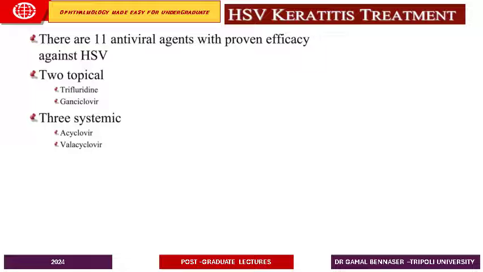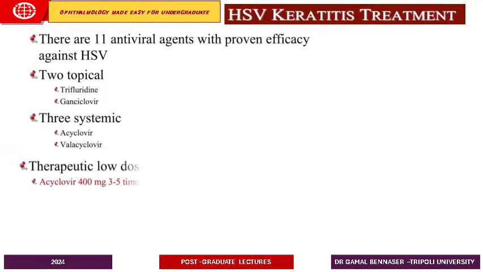We currently have 11 antiviral drugs proven to be effective against herpes simplex keratitis. Out of them, nearly 5, 2 topical and 3 systemic medications, are commonly used. Topical ones like trifluridine and ganciclovir, and the 3 systemic ones are acyclovir, valacyclovir, and famciclovir.